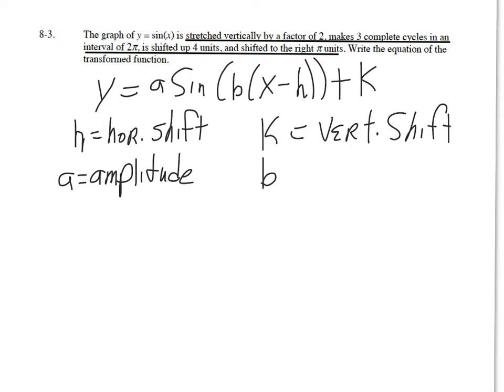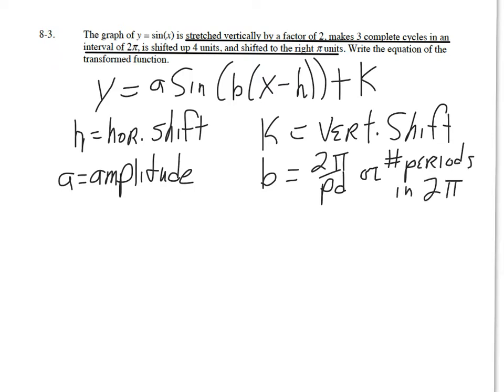And B equals 2 pi divided by the period, or the number of periods in 2 pi. So let's start identifying this.